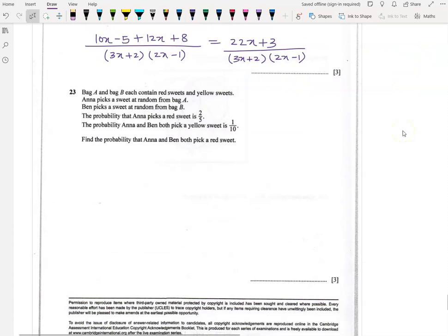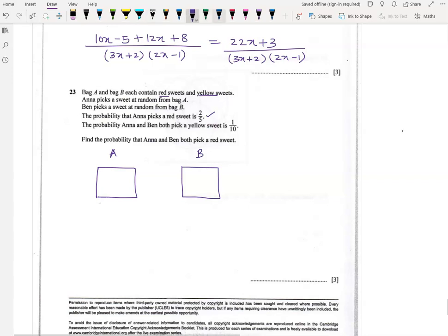Bag A and bag B each contains red and yellow sweets. Anna picks a sweet at random from bag A. Ben picks a sweet at random from bag B. The probability that Anna picks a red is 2 by 5. Okay, so suppose this is bag A. Anna picks from bag A and Ben picks from bag B. In both the bags you have red sweets and yellow sweets.